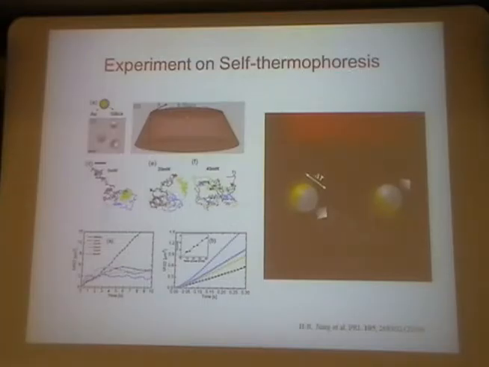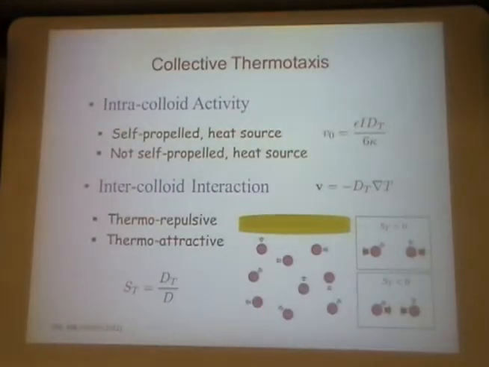So it's thermophoresis. Basically, if you think about this, each of these particles is a source of heat, like a point source of heat, and it's also moving around with a velocity. So it's a self-propelled particle which is generating heat, and the temperature, because of that heat, will decay like 1 over r and will be felt by other particles through a drift velocity which is proportional to the gradient of the local value of temperature.